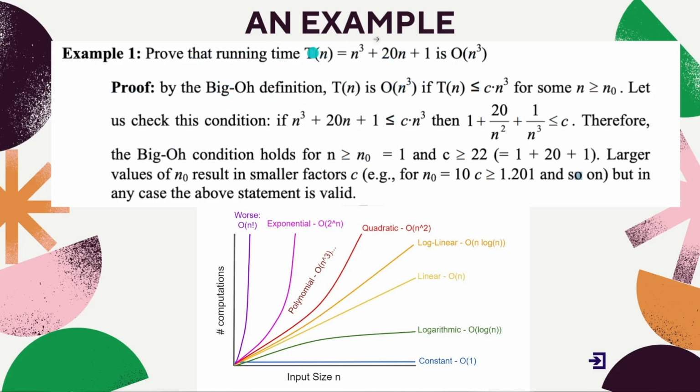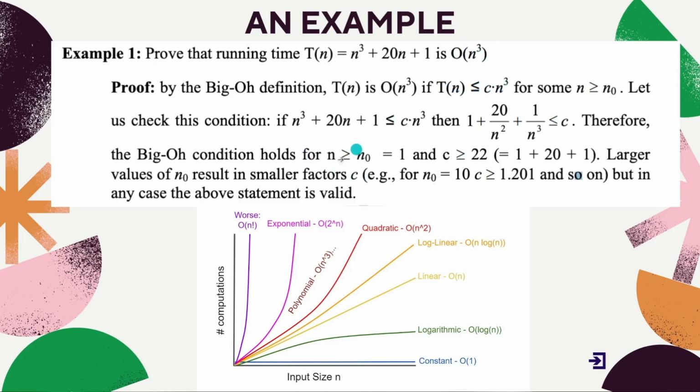I said that the function f of n is always less than or equal to c into g of n. So, in this case our f of n is n cube plus 20n plus 1 and our g of n is n cube. So, that is why we have put up on both sides of this relation: T of n is less than or equal to c into n cube.